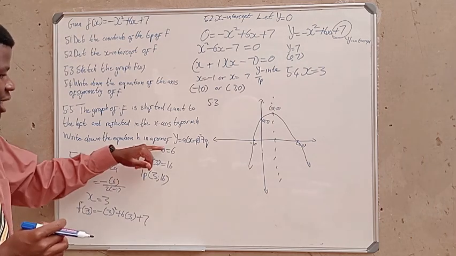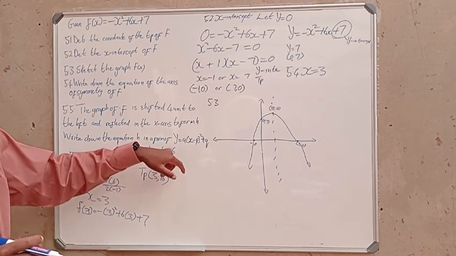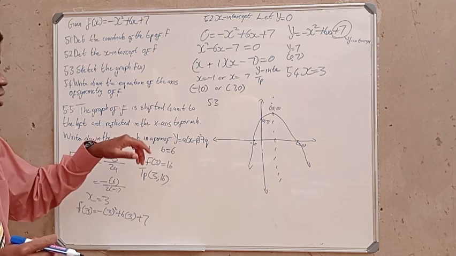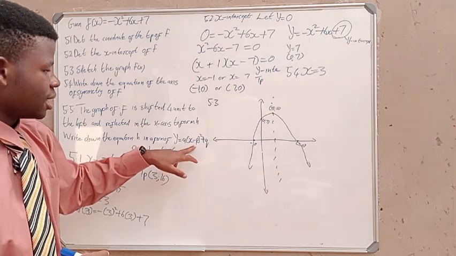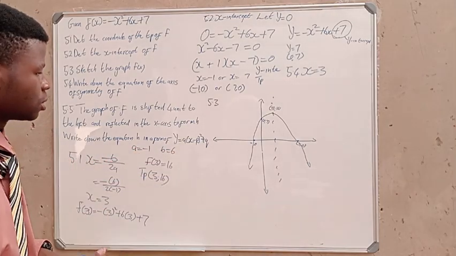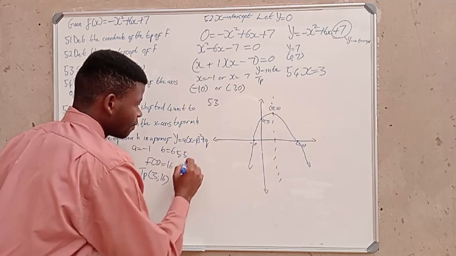So guys, this thing is called the turning point format. Before you can do anything to this question, you need to write this thing in this format. So what are we going to do? We're on 5.5.